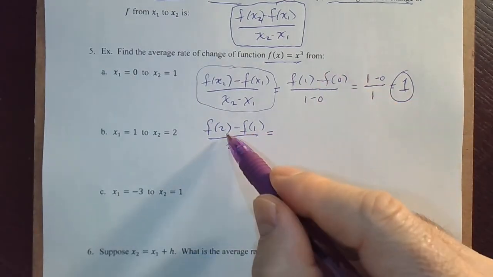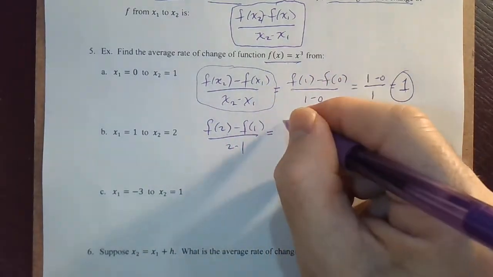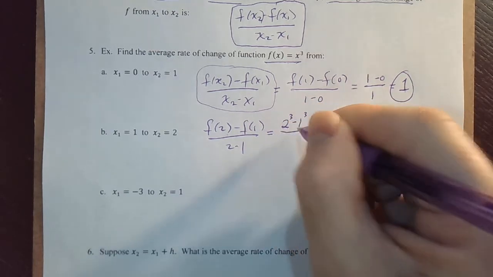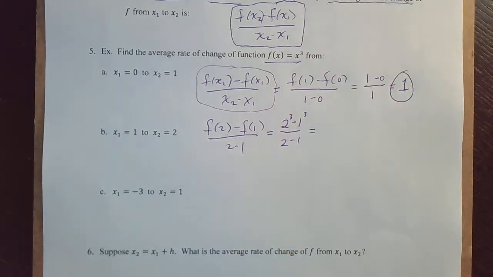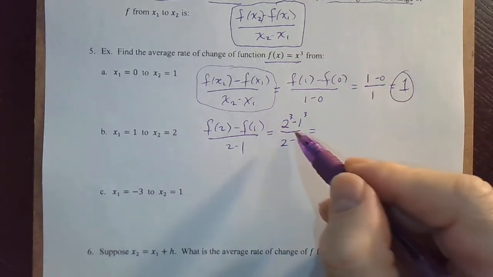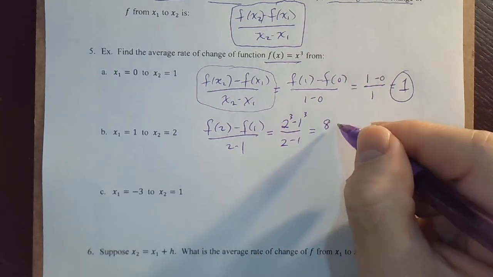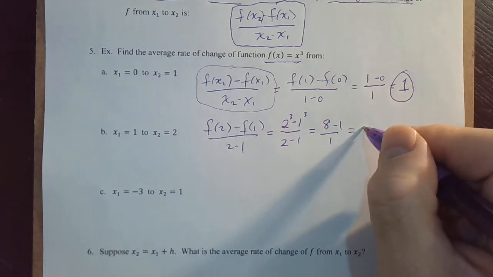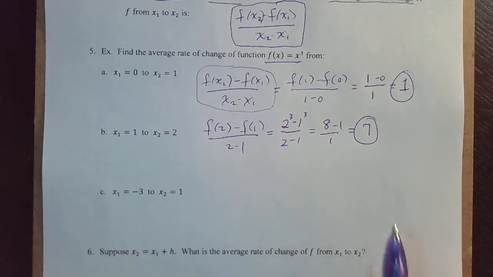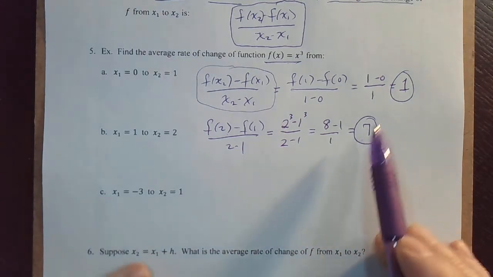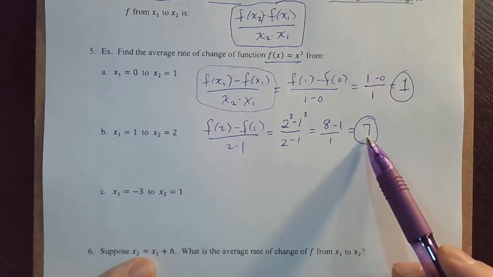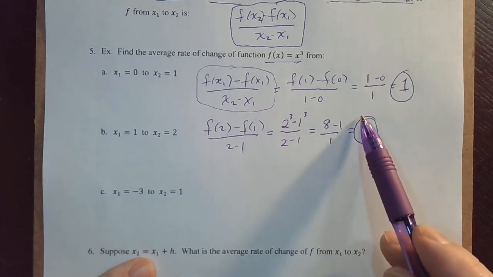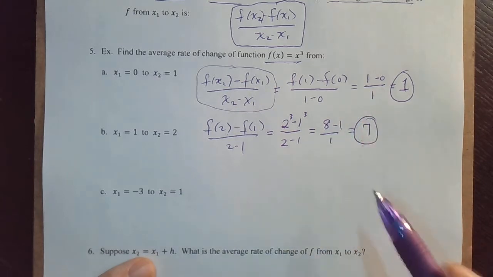So this time we have f of 2, that's 2 cubed minus 1 cubed over 2 minus 1. So that's going to be 8 minus 1 over 1, which is 7. They're coming out whole numbers here. You can think of this as the slope being 7 over 1: go up 7, to the right 1.